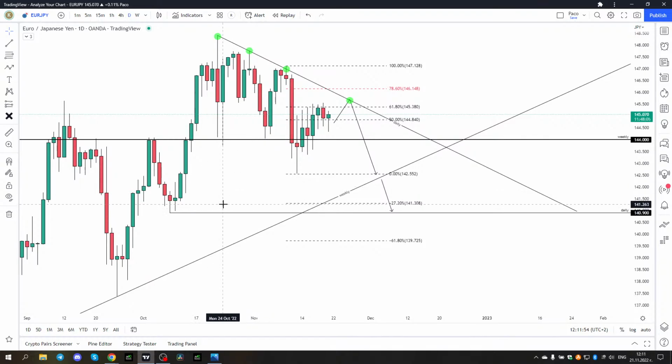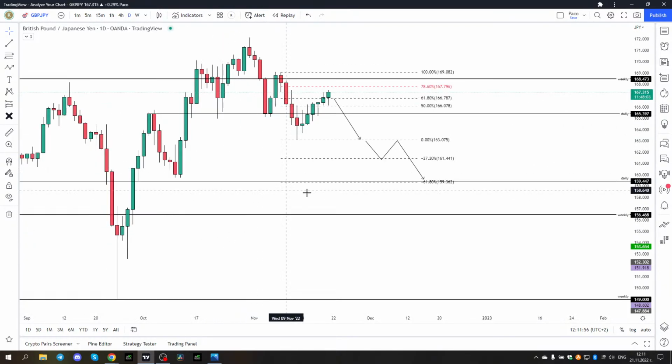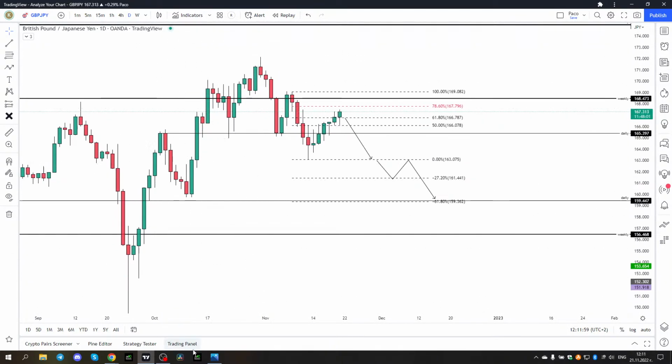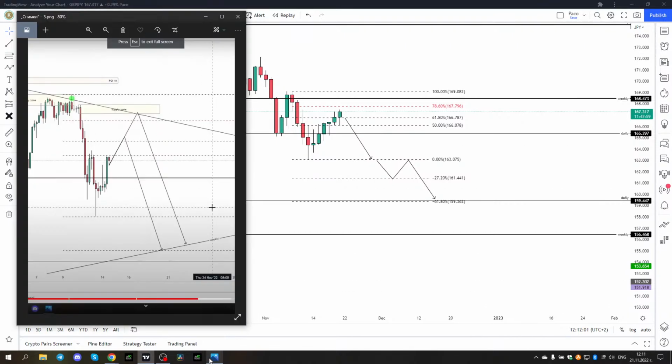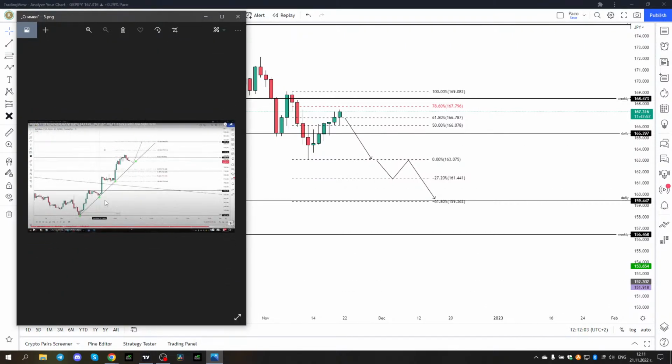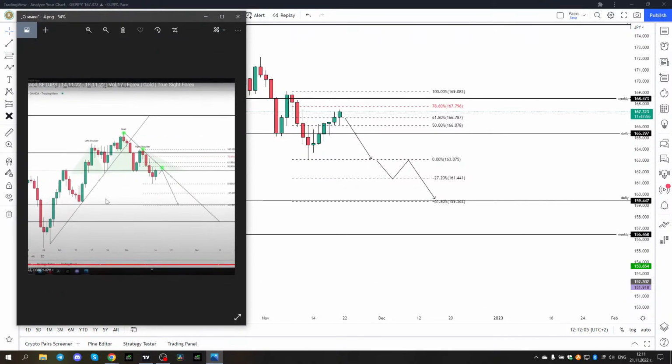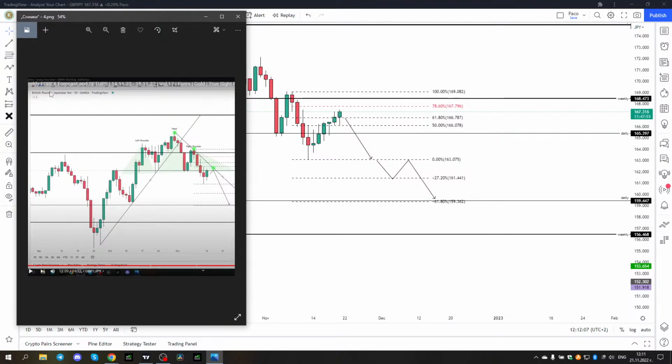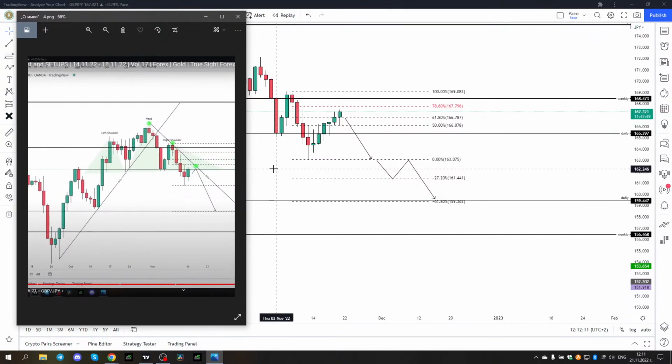Let's move to Pound JPY. This is the Pound JPY, on daily time frame.